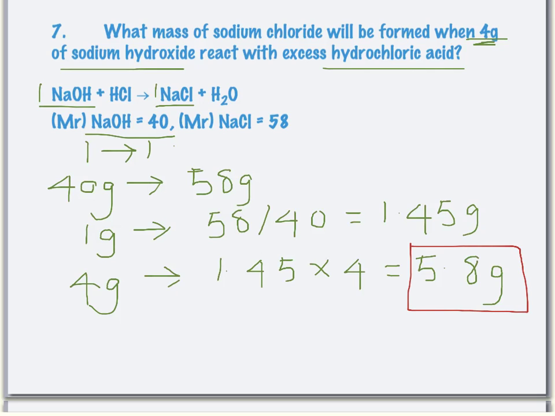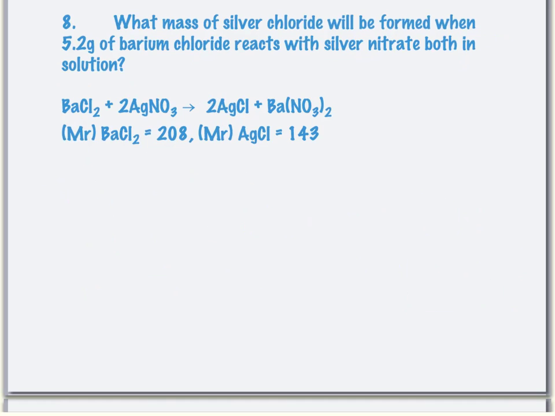Again, another example of working with equations to work out how much product you get from a given amount of reactant. Pretty straightforward. Let's take a look at another. Again, stop the video if you want to do it for yourself, and then start it again if you want to see the solution.